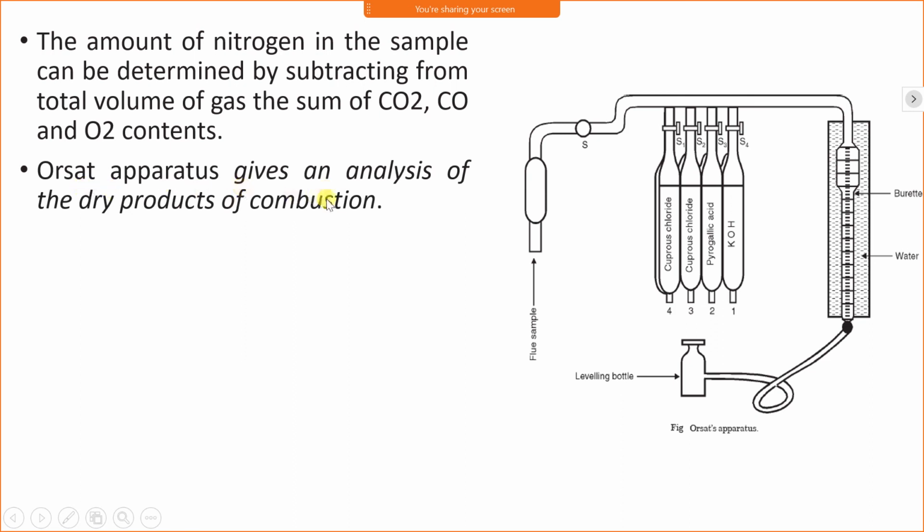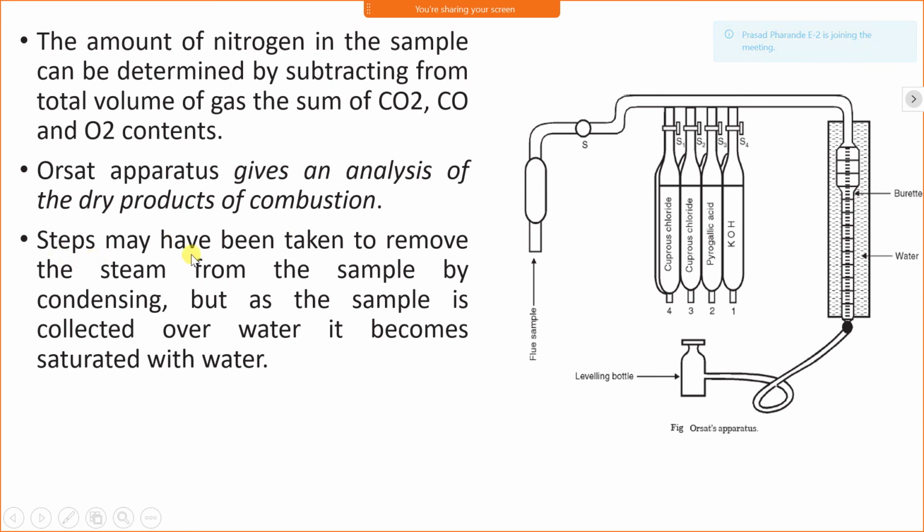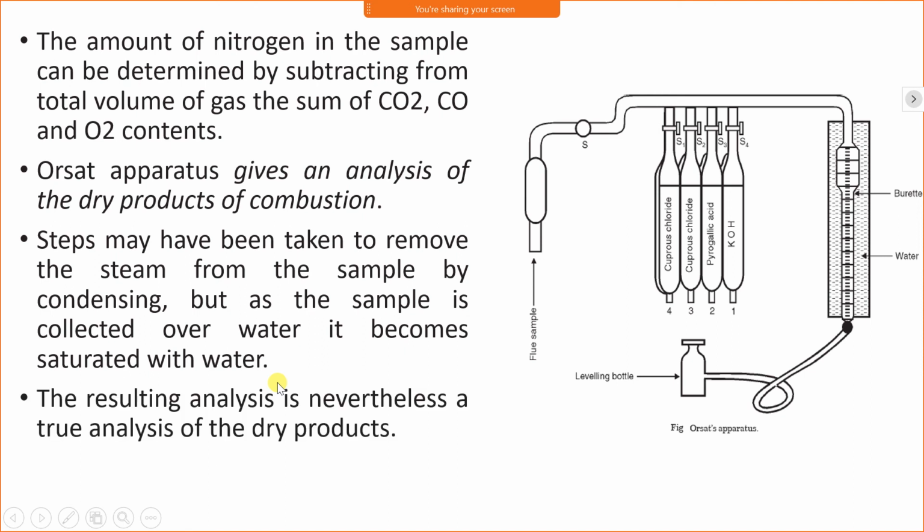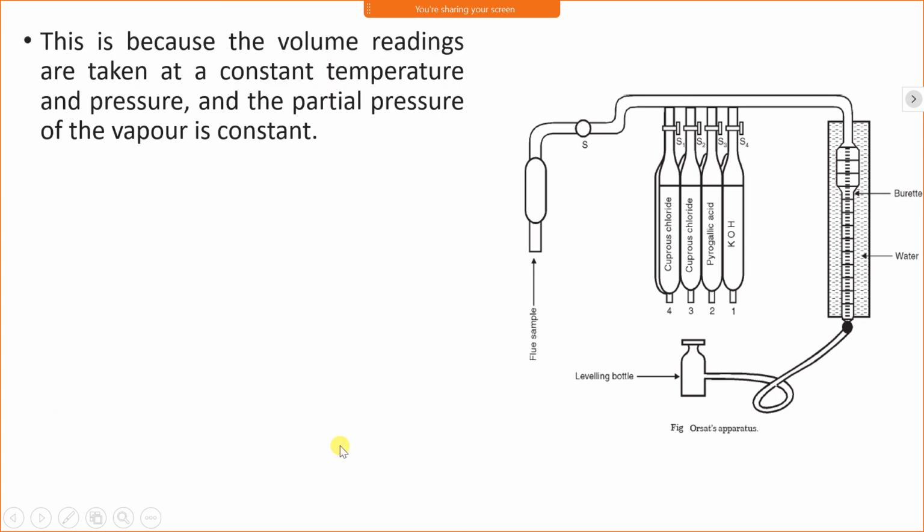The Orsat apparatus gives an analysis of the dry products of combustion. Steps may be taken to remove the steam from the sample by condensing, but as the sample is collected over water, it becomes saturated with water vapor. The resulting analysis is nevertheless a true analysis for the dry products.